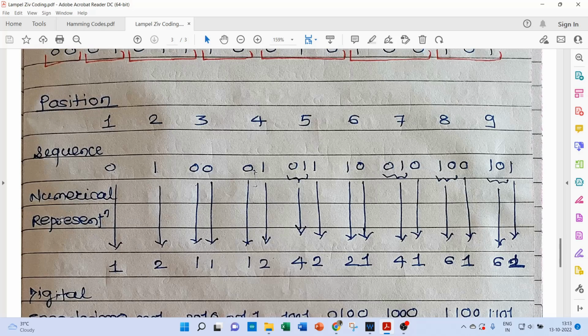Now let us write down the numerical representation of these data bits. We represent 0 by 1 and 1 by 2.